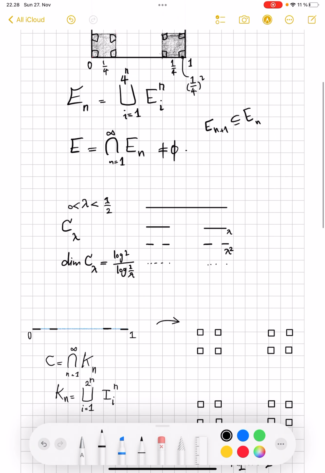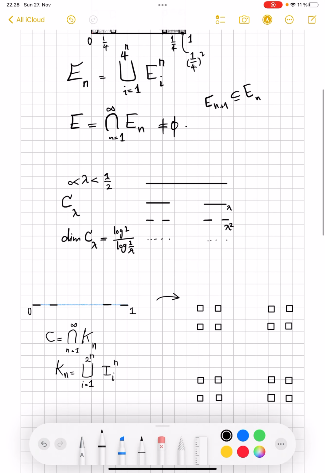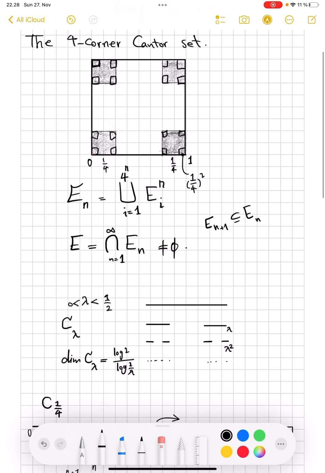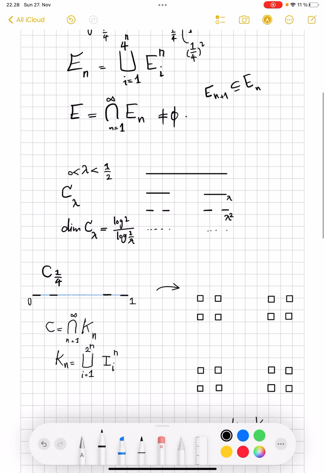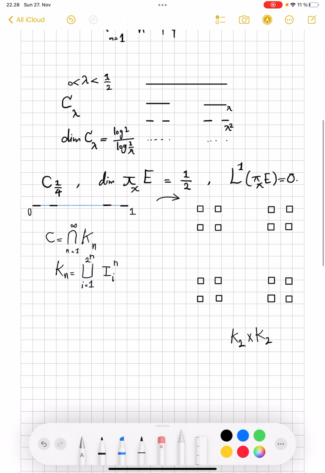That's why we see that what happens on the x-axis is nothing other than C(1/4). And by symmetry, the same happens on the y-axis. In particular, the dimension of the projection onto the x-axis of this Cantor set is 1/2. In particular, it has Lebesgue measure 0. And the same analogous claims hold for projection onto the y-axis.